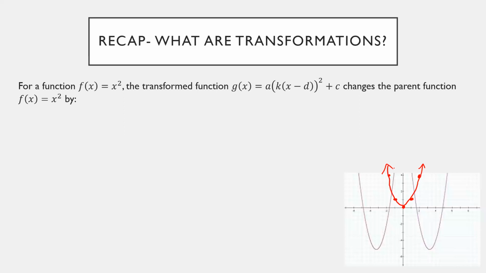That parent function then got transformed into this one over here and this one over here. This one has been translated 3 units to the left, this one 3 units to the right. This one has gone 4 units down, and this also went 4 units down. They're both opening up. I don't think there's any vertical stretch or compression; it just seemed that way.